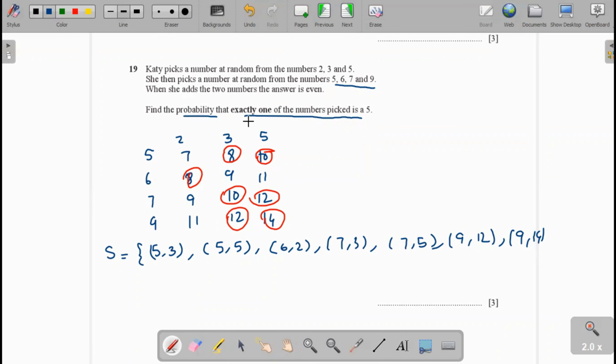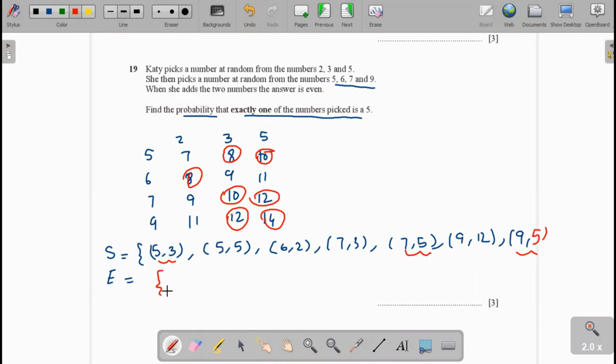Now, she chooses the outcomes in which exactly one of the numbers picked is satisfied. The event of this probability is that exactly one of the numbers is a 5. Now you see here this 5, 3 and 7, 5, and this 9, 5.